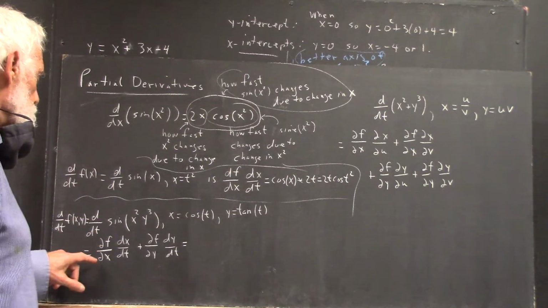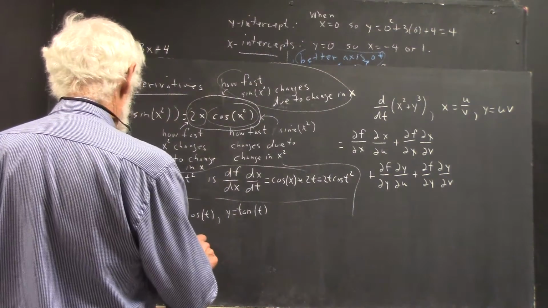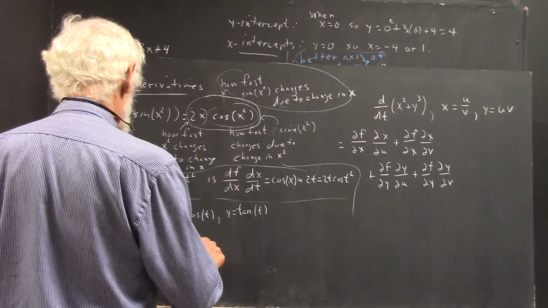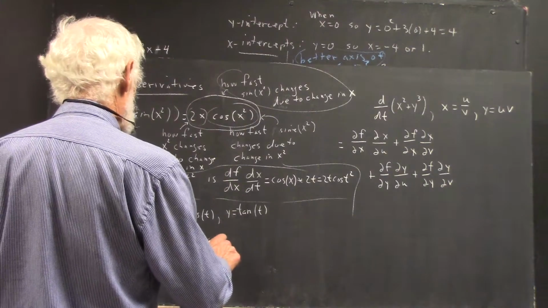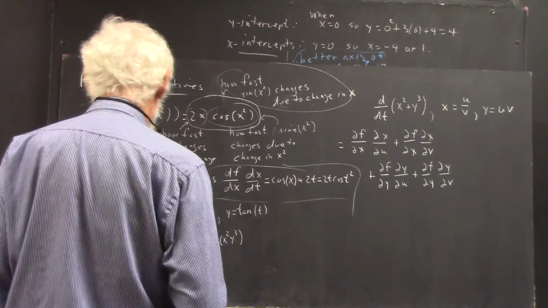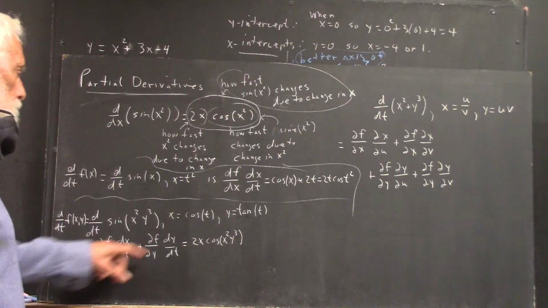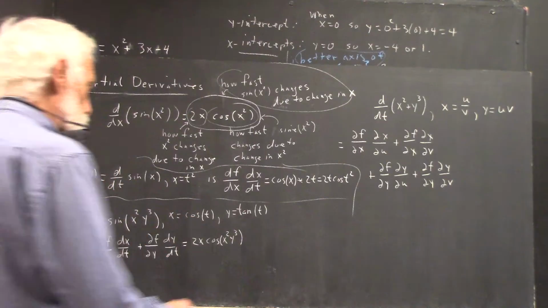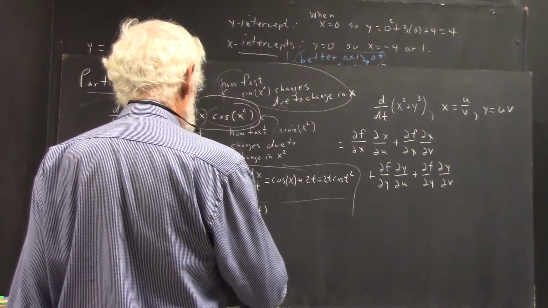Partial of this function with respect to x is 2x cosine of x squared y cubed. And derivative of x with respect to t, well, that's derivative of the cosine. That's times the negative sine of t.